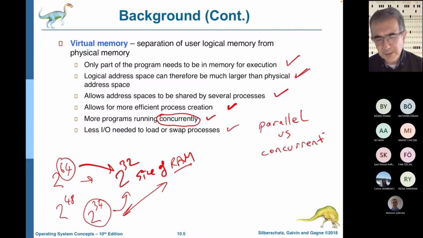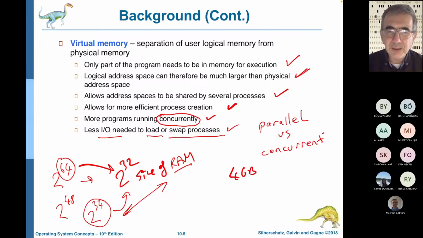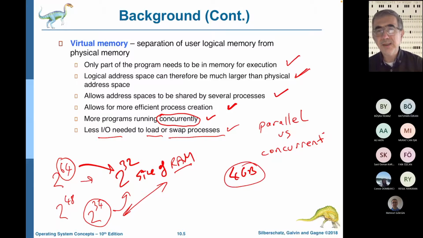So when you only load the parts of the code to memory when you need them, less I/O is needed for loading or swapping processes. For example, when you have a 4 gigabyte program, when you are unloading that program from memory, that 4 gigabytes is not the issue.